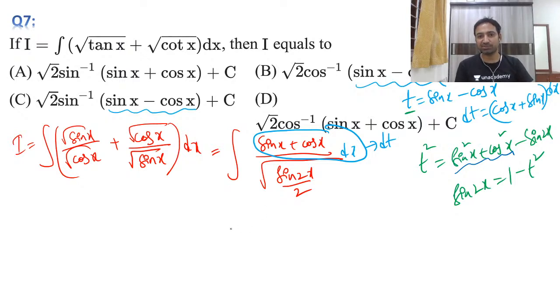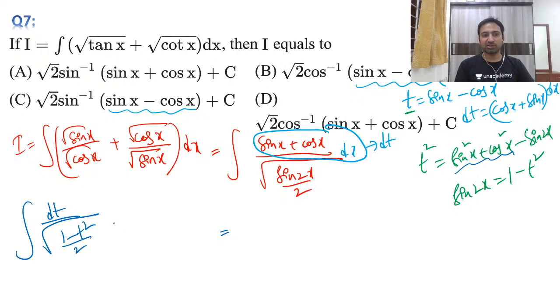So now if you substitute this value here, this becomes integration of dt by square root of, in place of sin 2x, 1 minus t square by 2. If I bring this 2 outside, it will become root 2 into integration of dt by square root of 1 minus t square.